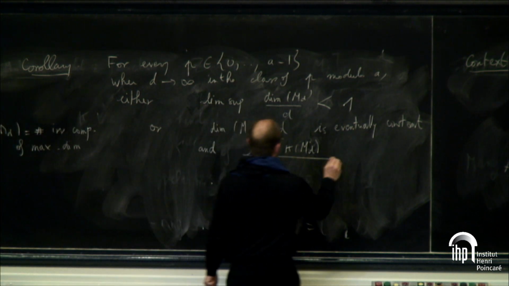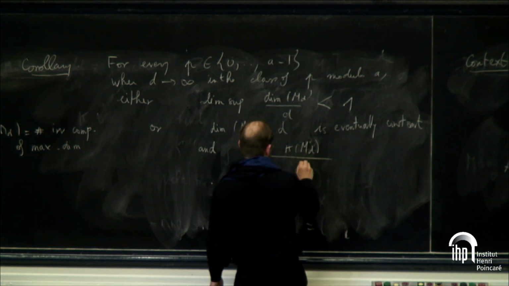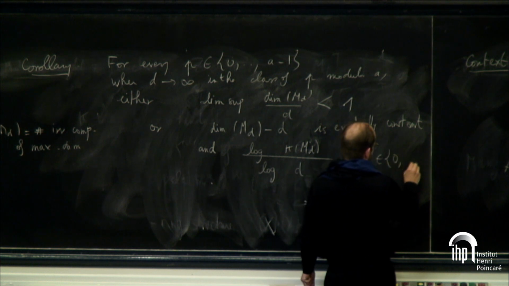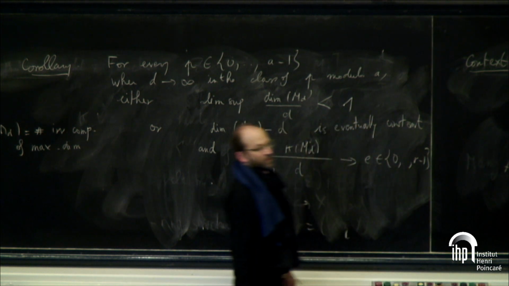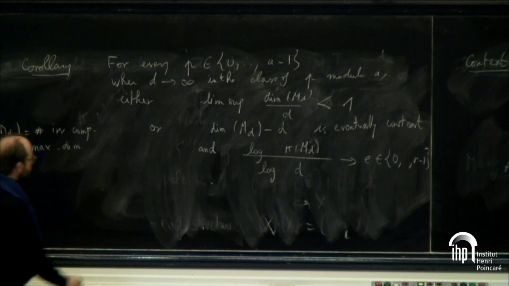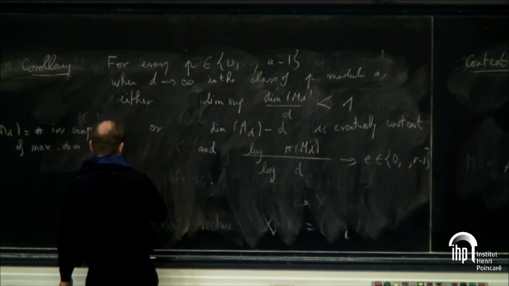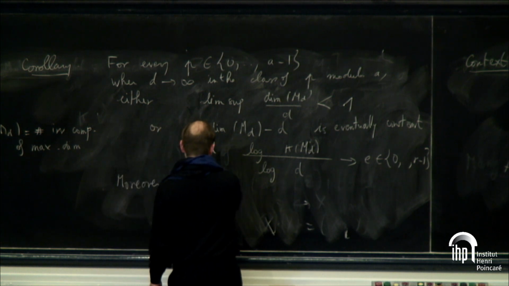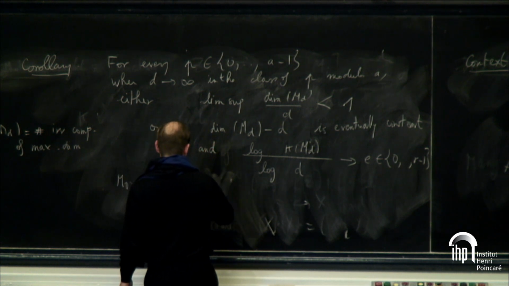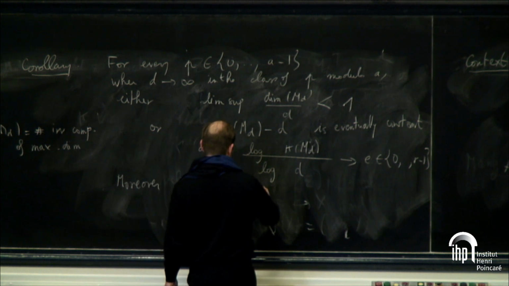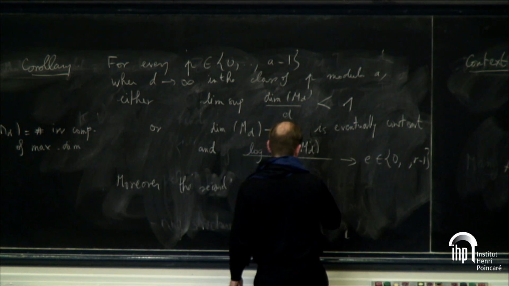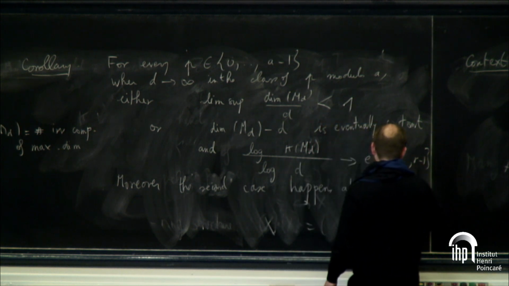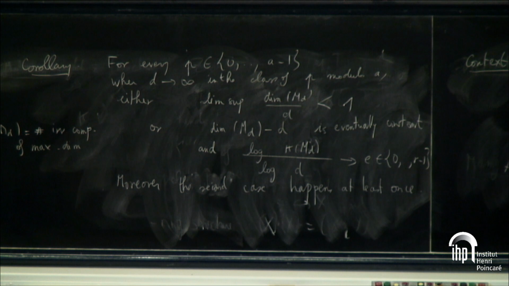So log of kappa of M_d divided by log of d goes to some number, say E, which is in between 0 and R minus 1. And moreover, the second case happens at least once. You mean at least for one class? Yeah.